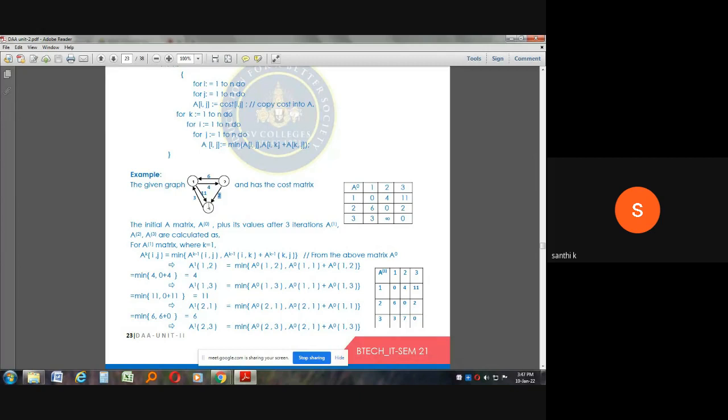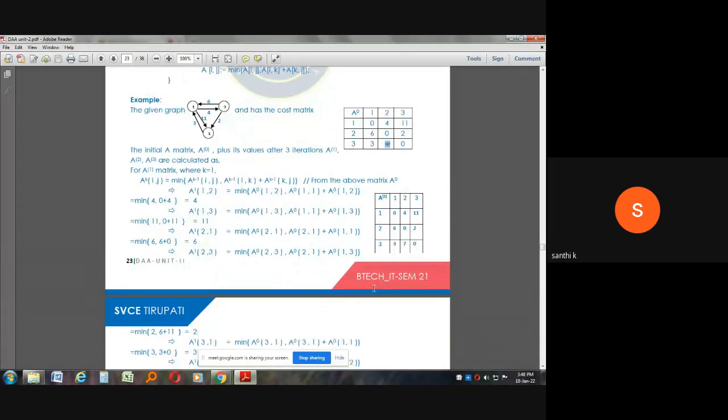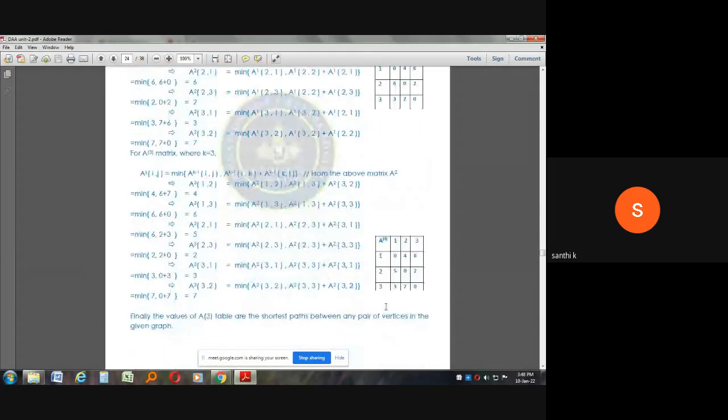Now from vertex 3, the minimum cost from 3 to 1 is 3, and that is the shortest. But for 3 to 2 there is no direct edge, so we wrote infinity in the initial matrix. But if we move from 3 to 1 and 1 to 2, with the cost of 7 we can move from vertex 3 to vertex 2. So in the final matrix we got 3 to 2 is 7.